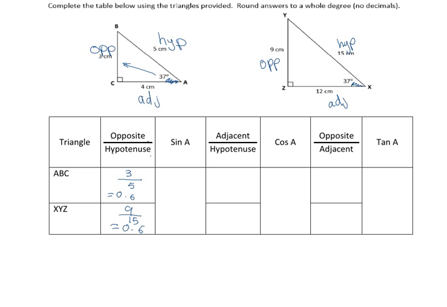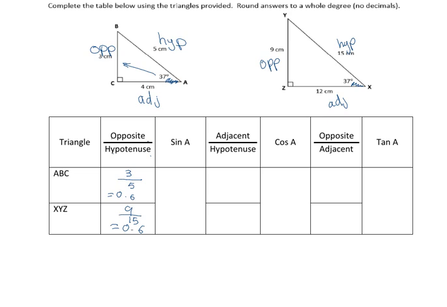Now, they want you to find sine of angle A or angle X, right? Angle A is equal to 37 and angle X is equal to 37. So on the calculator, you're going to hit the sine button, and then 37. You don't press shift, you just press sine 37.